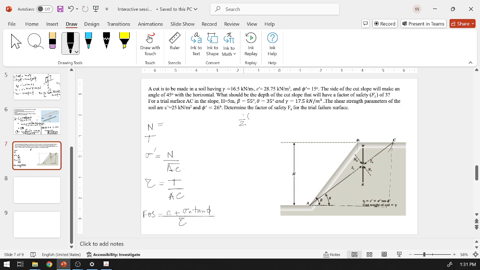Let's take only in terms of this AC length. This is theta and this is beta, isn't it?